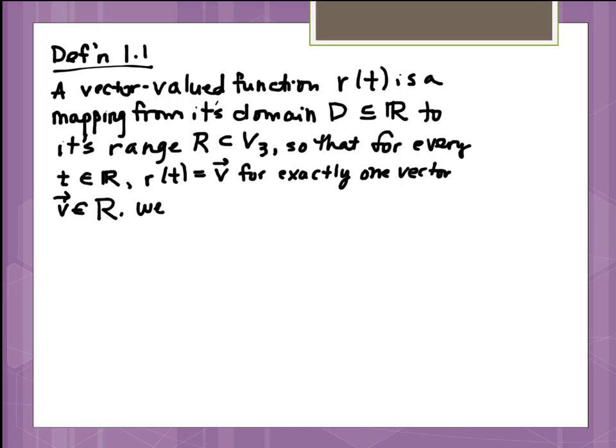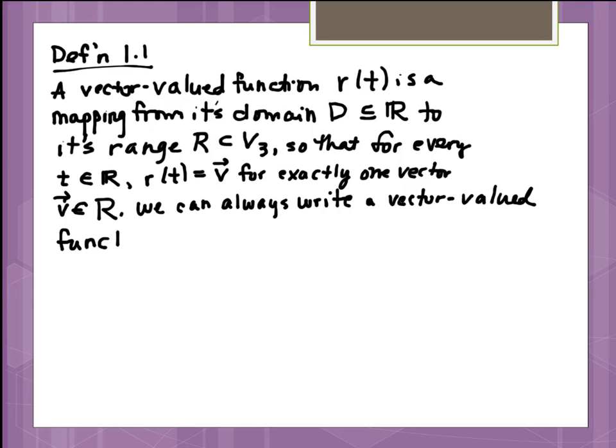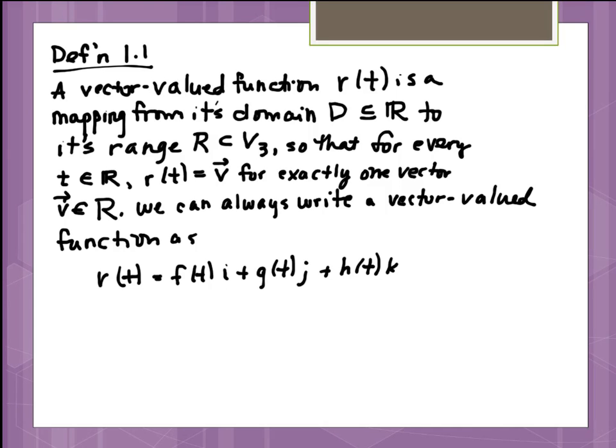We can always write a vector-valued function as r of t equals f of t times i plus g of t times j plus h of t times k, for some scalar functions f, g, and h.